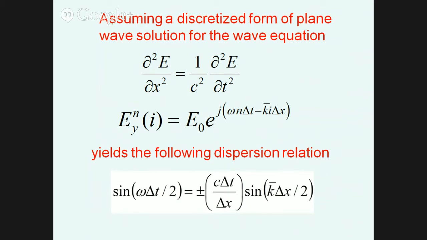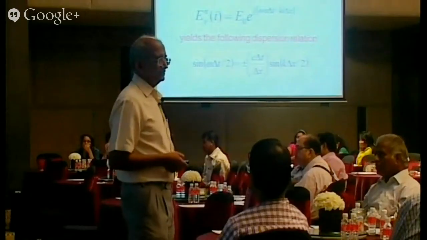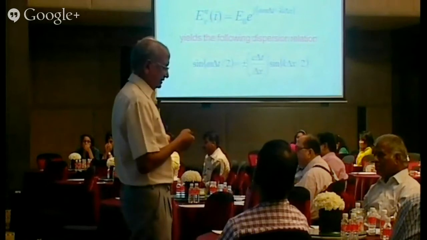Okay? And we plug in this solution in the discretized form of the above equation, and this will give you a dispersion relation which is given at the end. And you can see that this dispersion relation will be an exact equation, the static dispersion in that case.